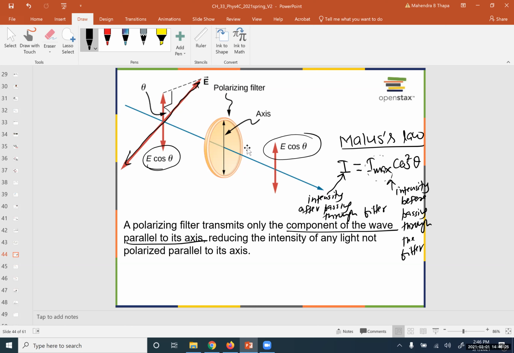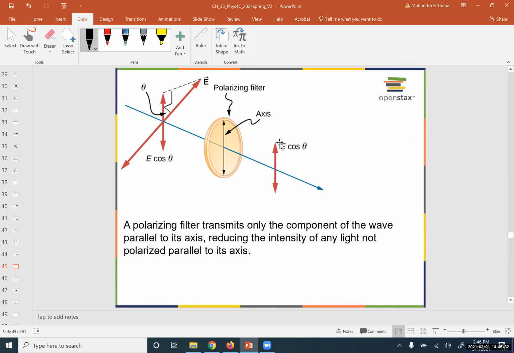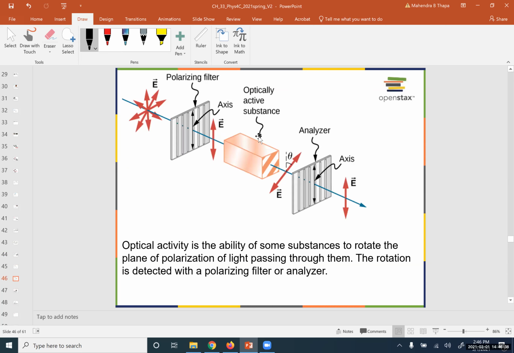So this law can be used to find the intensity. This is the same example we discussed before. If we are using two filters, one is called the polarizing filter and the other is called the analyzing filter.